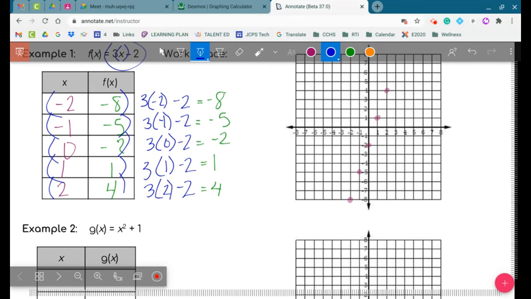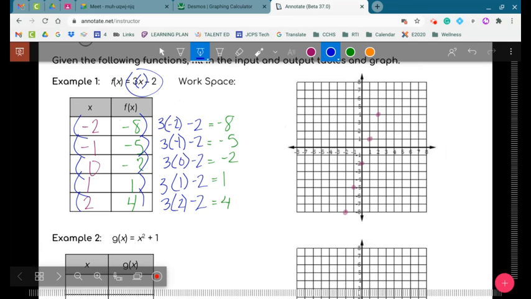So those, and then we draw our line. So whenever you draw your line, make sure you draw it connecting all your points. I can't even draw a straight line. And make sure you put arrows at the end of your line, or else it's not considered a line. So that is all we have to do on these functions.